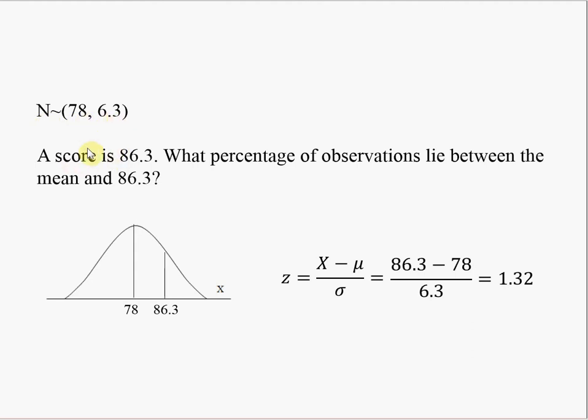But for this distribution, there's one score here, 86.3. This question asks, what percentage of observations lie between the mean and 86.3? That is, what is the size of this slice here?